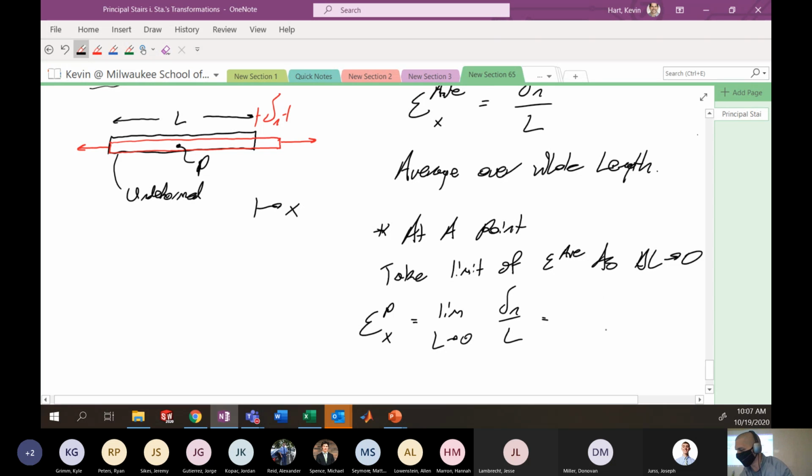Maybe we'll use the absolute derivative. So this is d delta N over dL.